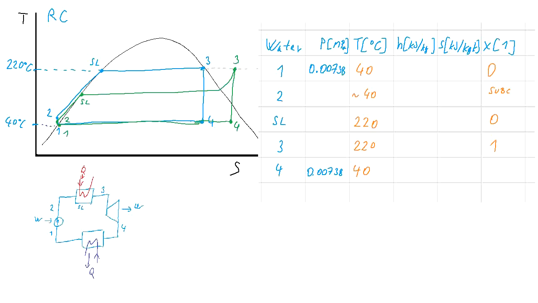And the value of the pressure will be 2.32 megapascals. And this pressure at the point 3 is the same, because we don't have any pressure losses, pressure drops, so same as point SL and point 2.